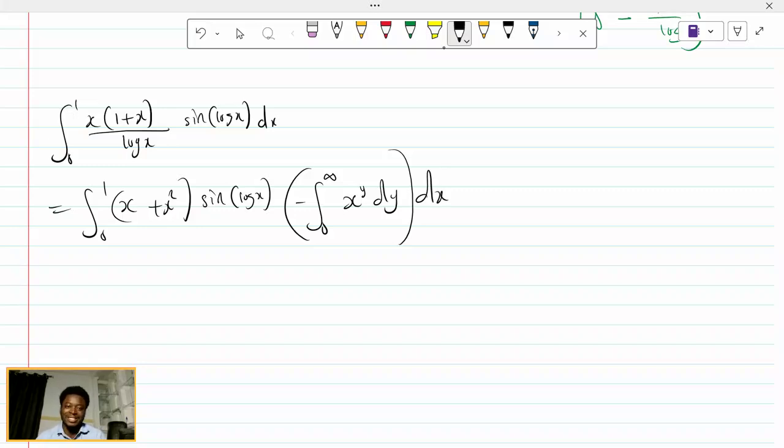So this integral has been transformed to this. This is easy, then this is a bit complex, but we like complexity, because from complexity we are going to find the general pattern, and then everything will crumble to pieces.